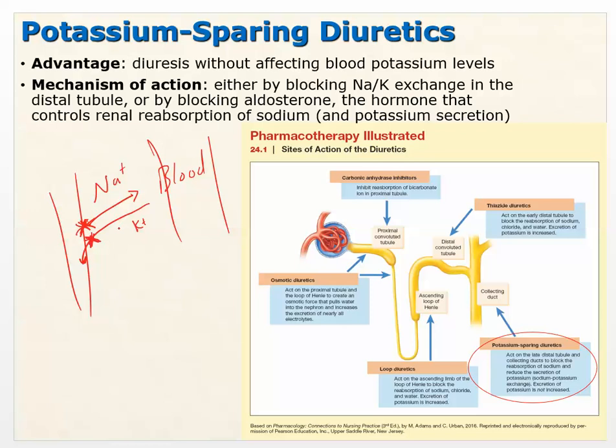The important thing to remember, though, is that you're blocking sodium. Sodium is staying in the nephron, and potassium is staying in the body by blocking this exchange. So the advantage is you have diuresis, but you're not affecting blood potassium levels. And it really does it by blocking aldosterone.